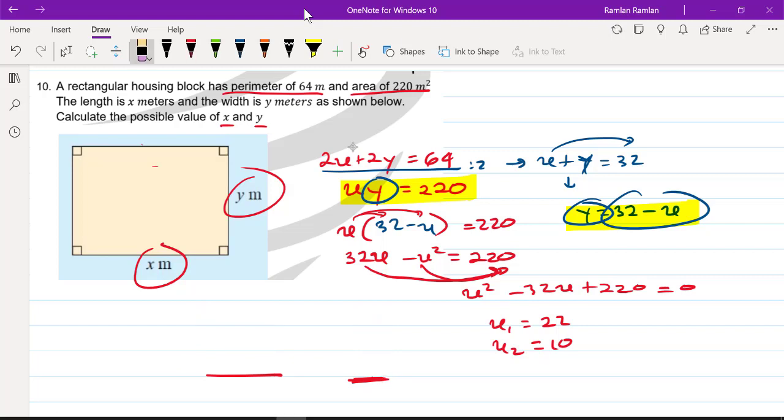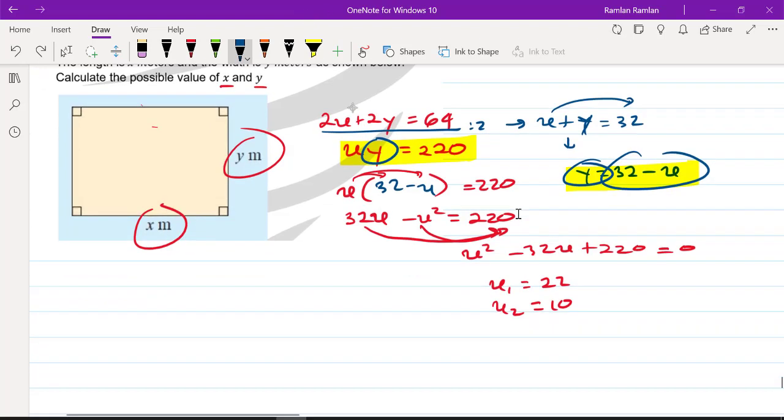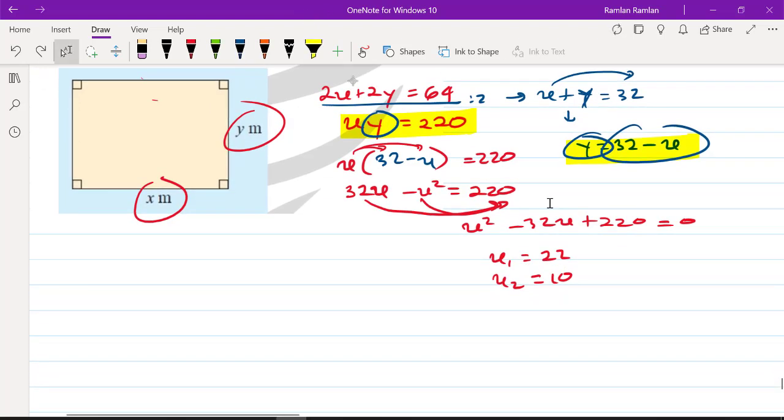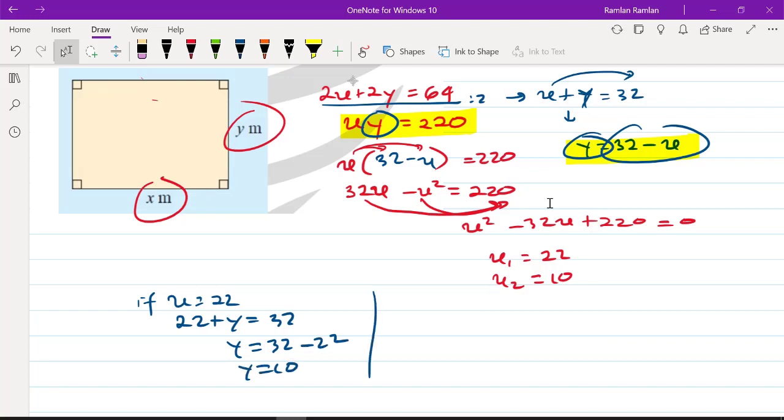So, for example, if x equals 22, what is y? Again, you can use one of the equations. I'm going to use this equation here to find the value of y. If x equals 22, then 22 plus y equals 32, so y equals 32 minus 22, which is just 10. But if x equals 10, then 10 plus y equals 32.